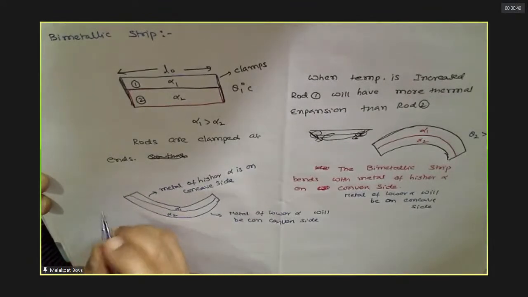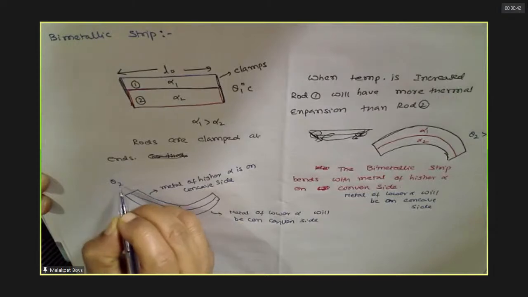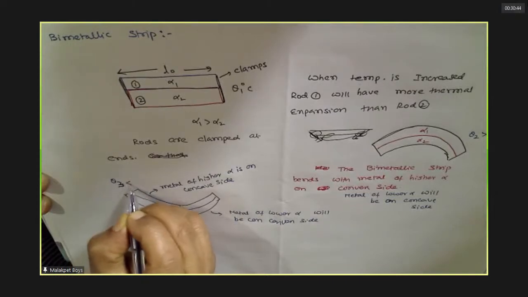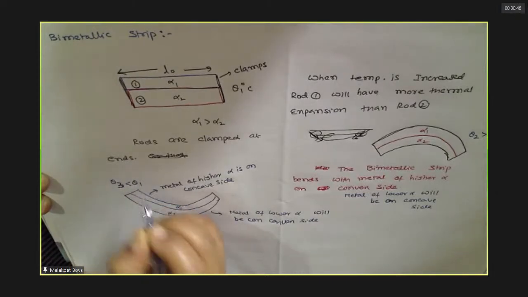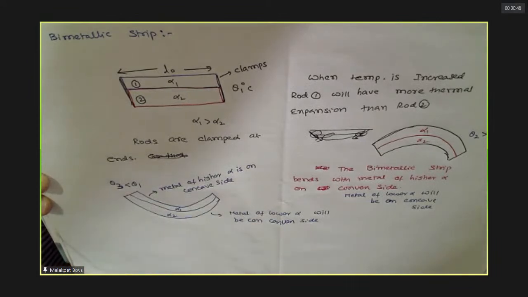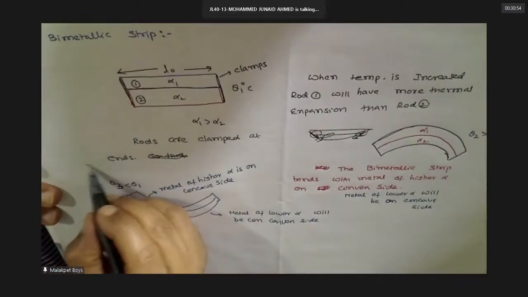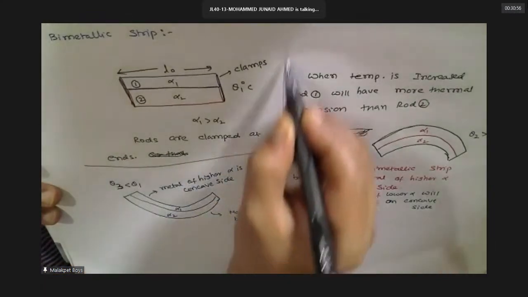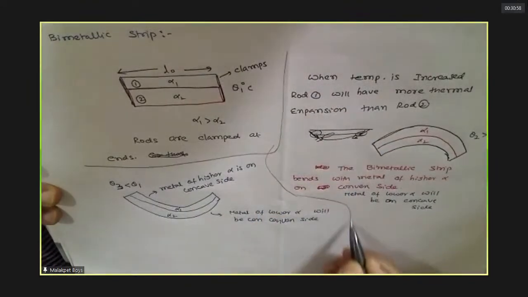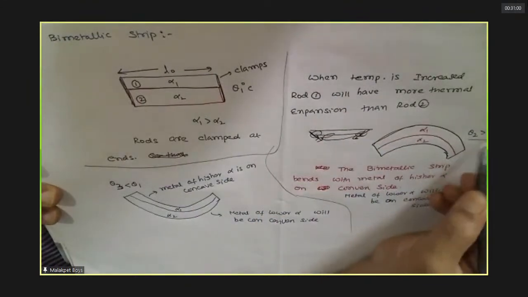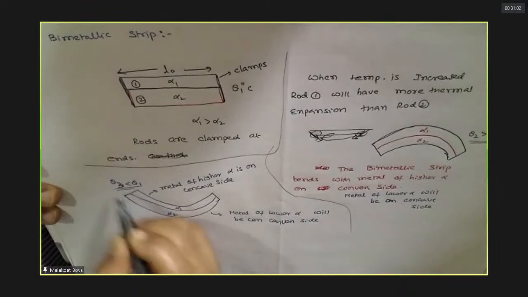Okay, this is the temperature theta 3, less than theta 1. Understood, these are the functionalities of a bimetallic strip. So the first one is for higher temperature and this is for lower temperature. No? Here I told you, theta 1 is greater than theta 2.